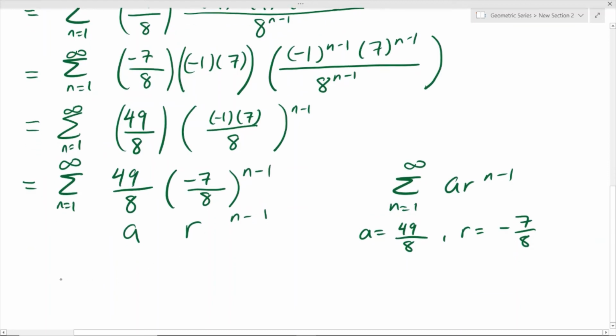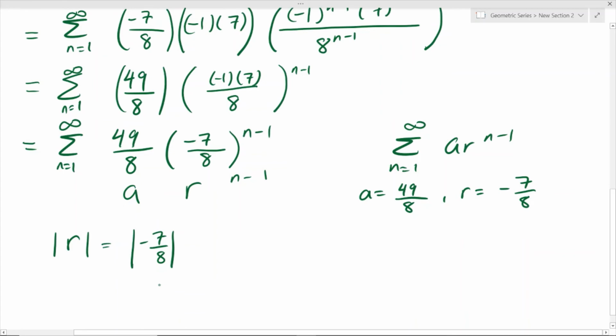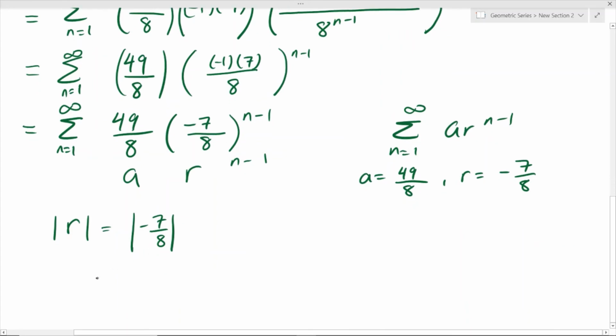So now we have to see whether this series converges or diverges. And to tell whether it converges or diverges, we look at the absolute value of r. Now, r is equal to -7 over 8, so our absolute value of r is going to be equal to the absolute value of -7 over 8, and that's going to be equal to simply 7 over 8.